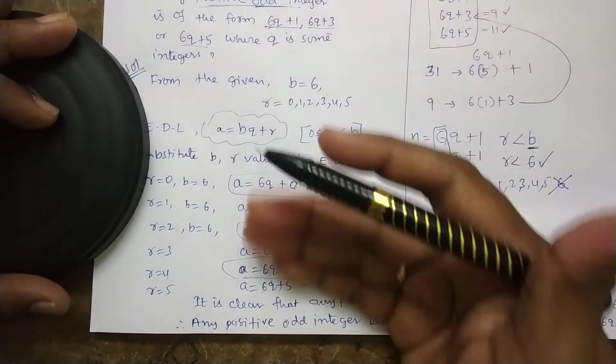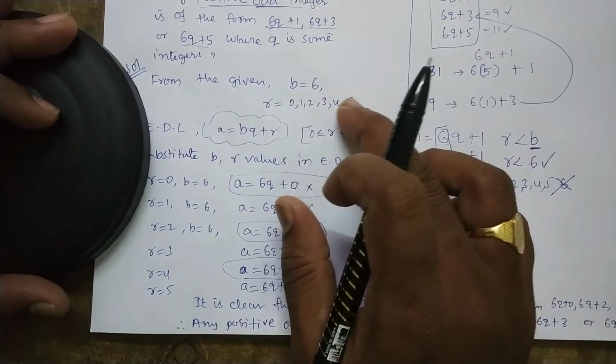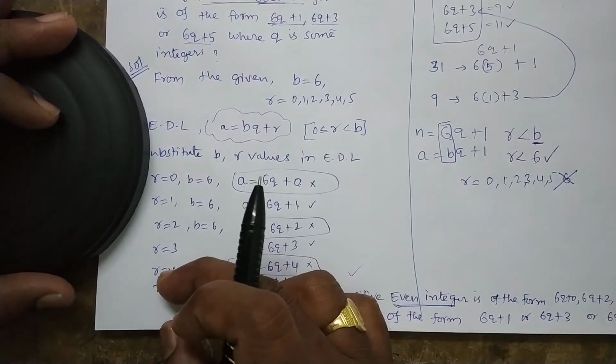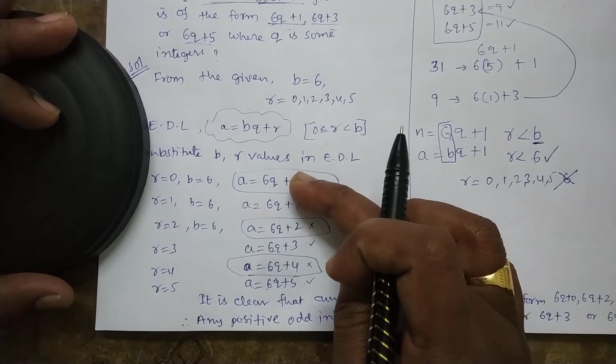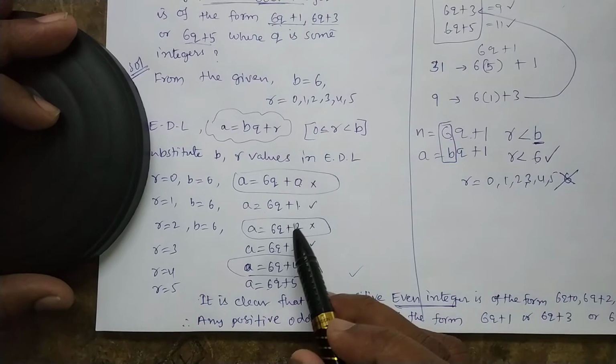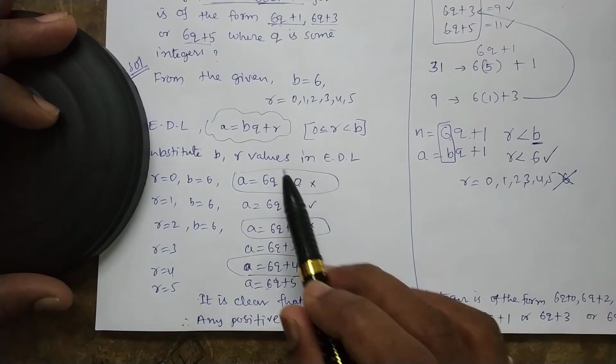So once again, b value we have written from the given question, r remainders less than 6. After that we have written Euclid's division lemma and we have substituted b value, r value. So we will get 6q plus 0, plus 1, plus 2, plus 3, plus 4, plus 5. After that we substitute in place of q any positive integer.